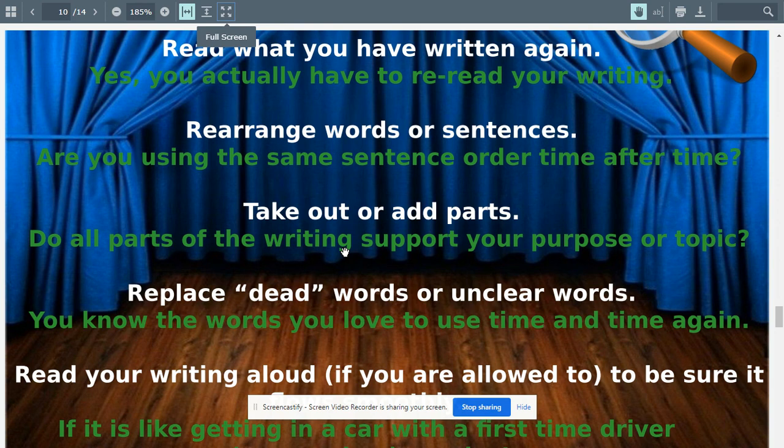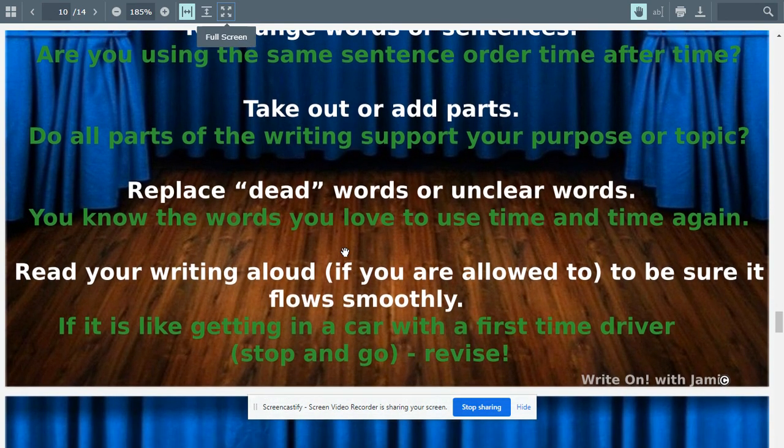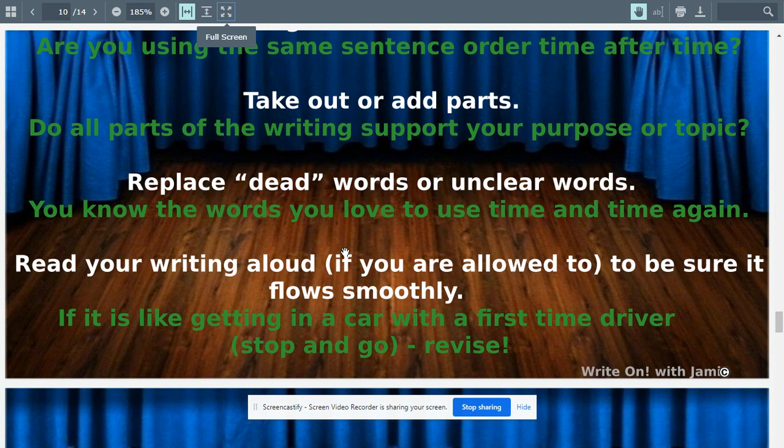If you read your paper and you realize you've got a bunch of junk in there that is not on topic, that you have let yourself wander way down the garden path, some of that stuff might not need to be in there, and you might need to delete it and get back to your topic, a clear topic.